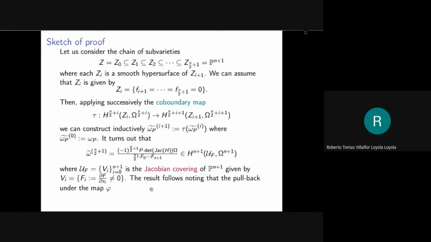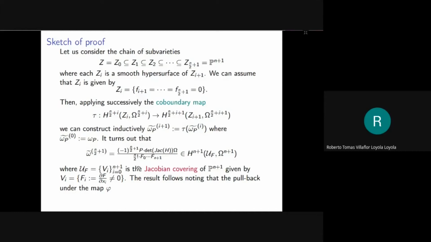And so since we have this top form here, we want to compute its period, right? Because the co-boundary map already tells us how to relate the period of our original form omega p over C with the period of the resulting form omega tilde n over 2 plus 1 over P n plus 1.